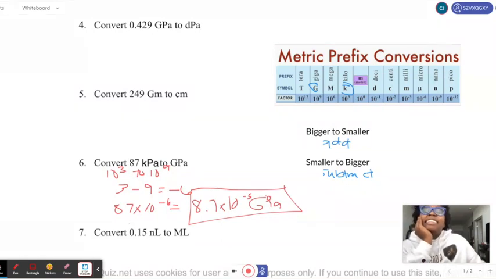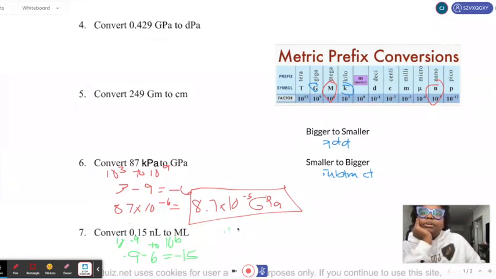All right, we have nanoliters. Interesting. All the way to megaliters. Crazy. So that means we have a factor of 10 to the negative 9th going all the way to 10 to the 6th. We're subtracting, so negative 9 minus 6 is going to give us negative 15.